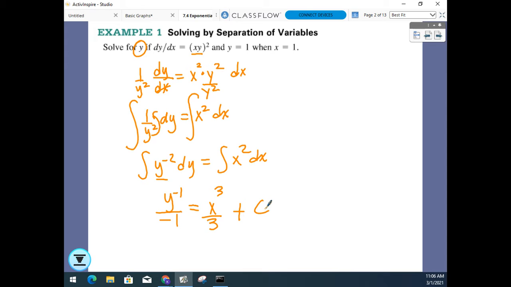Okay, now we have to get y by itself. This is kind of a hot mess. So let's think about what this y is saying. I'm going to move this back down. If I'm dividing by negative 1, it makes the fraction negative. I'm just going to put a 1 over y to the first on the bottom. That just makes this part a little bit nicer.